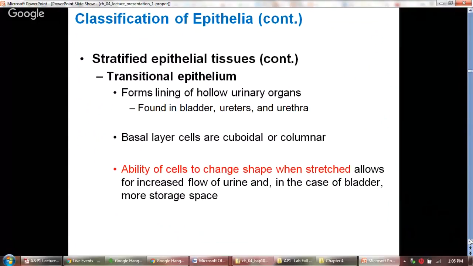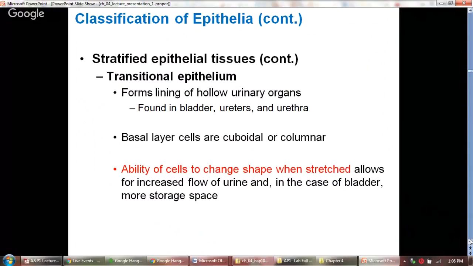There's another type of stratified epithelia called transitional epithelium. It forms the lining of hollow urinary organs, found in the bladder, ureters, and urethra. The basal layers could be either cuboidal or columnar in shape. The characteristic feature of this epithelia is the ability of its cells to change shape when stretched.